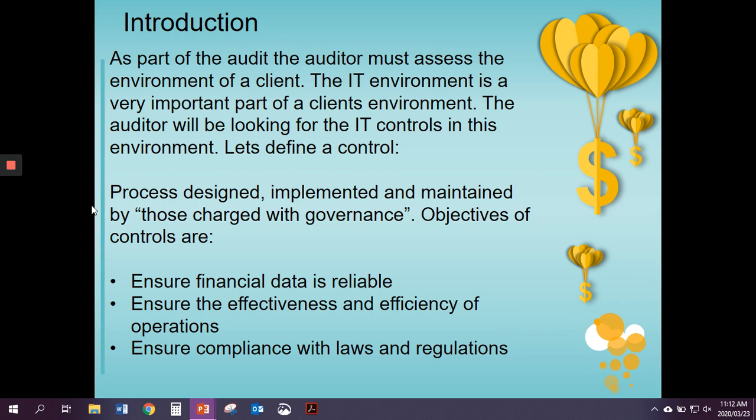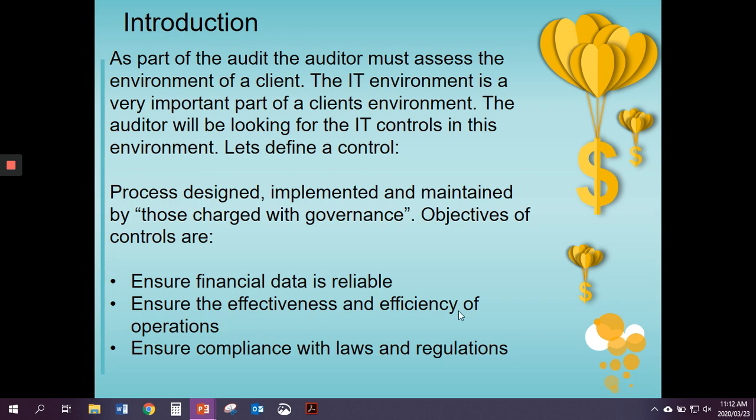The purpose of the IT environment, just like other controls, is to ensure that we produce financial data that is reliable. We also want to ensure that the operations of the client function effectively and efficiently. Now, the first objective of the control is important for us as auditors because we want to test that the data coming out of the system is reliable.